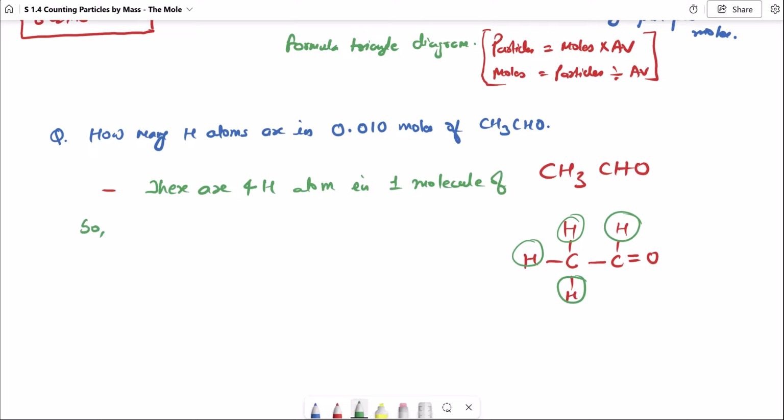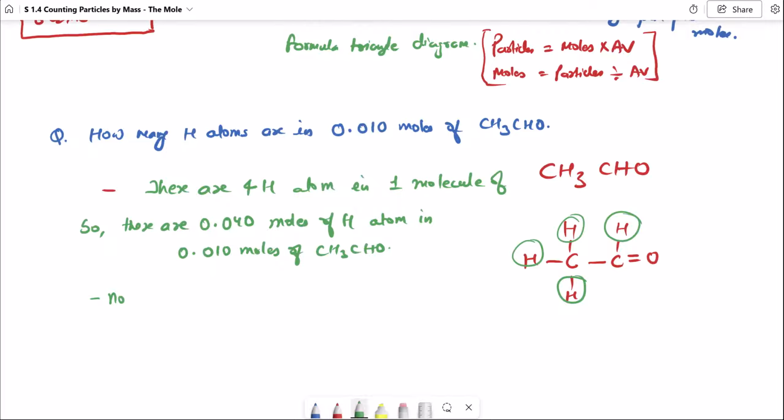So can I say that there are 0.040 moles of hydrogen atoms in 0.010 moles of CH3CHO, right? Check.